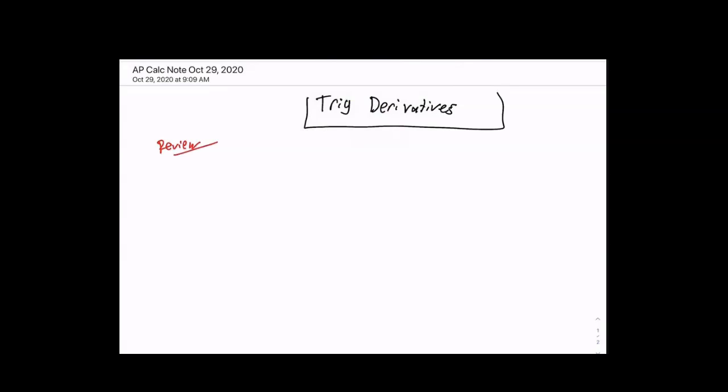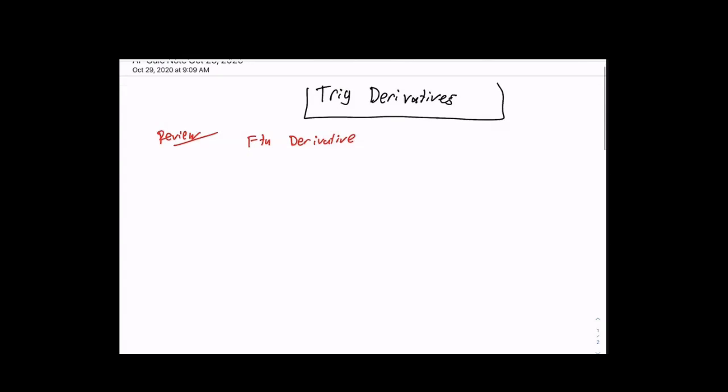So as a quick review, just in terms of the rules of what we've learned for a function derivative, we've learned that the derivative of a power function, x to the n, is equal to n times x to the n minus 1.